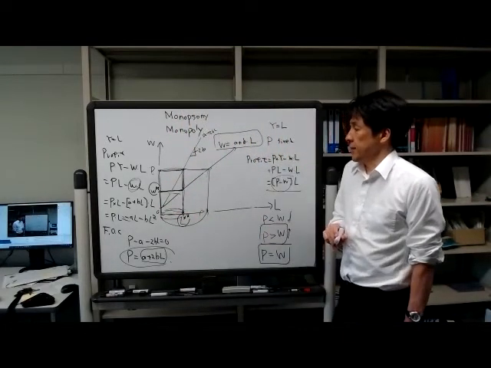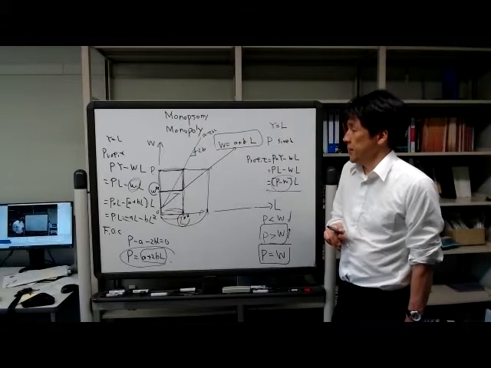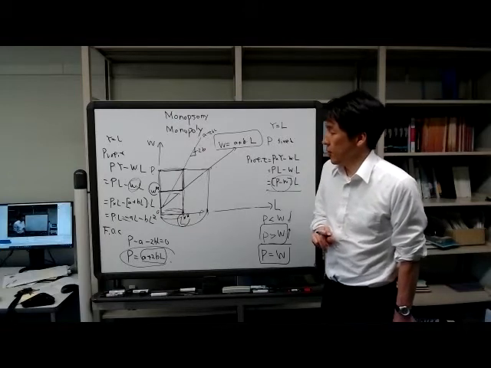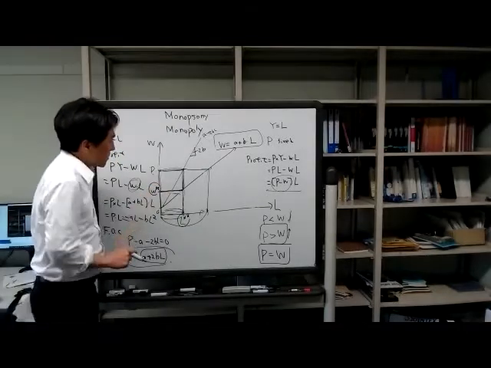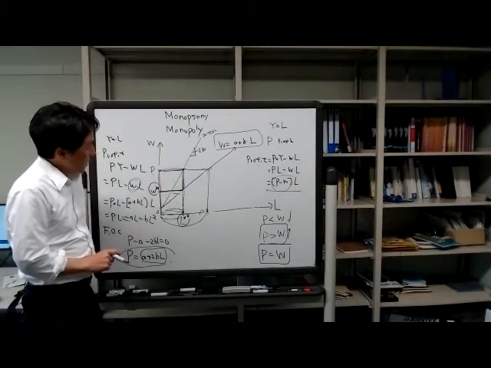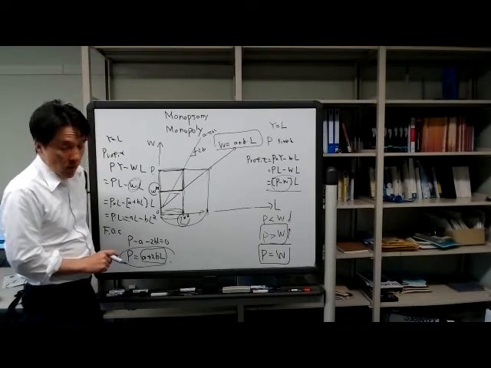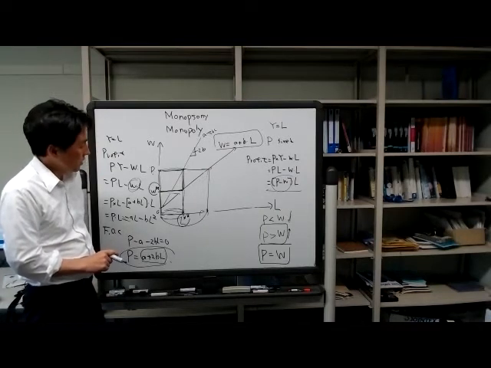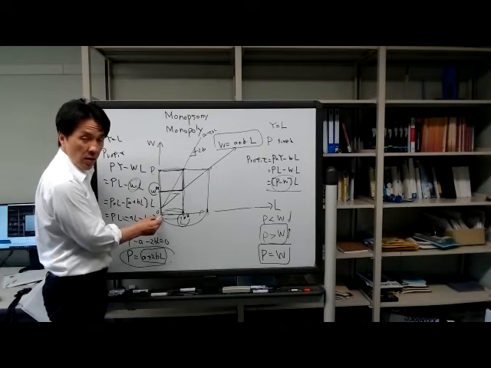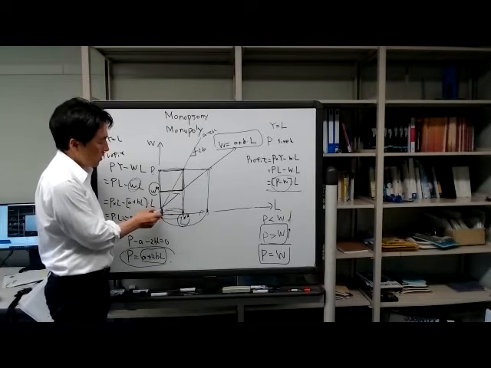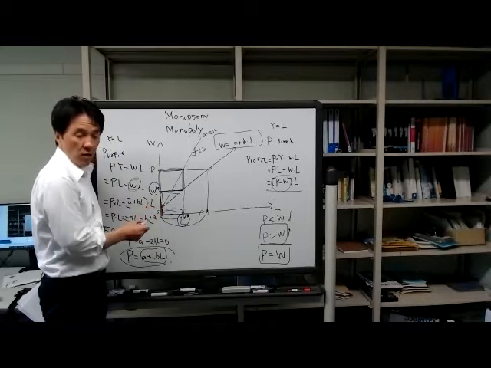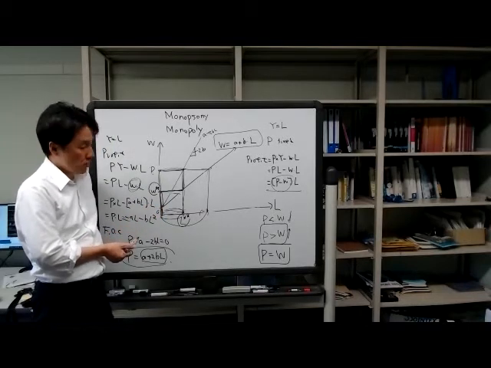And this is the producer surplus. And what is the workers' surplus? Okay, consumer surplus. For the first unit of labor, there's some worker who is very happy to work if he or she can get this wage, but the company pays this wage. So this is the consumer surplus for the first unit of labor.